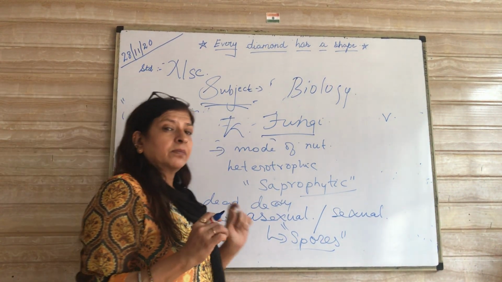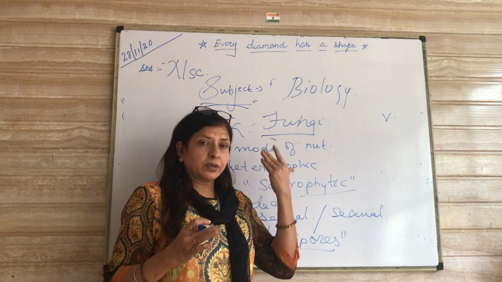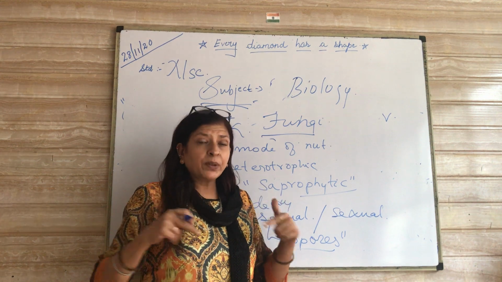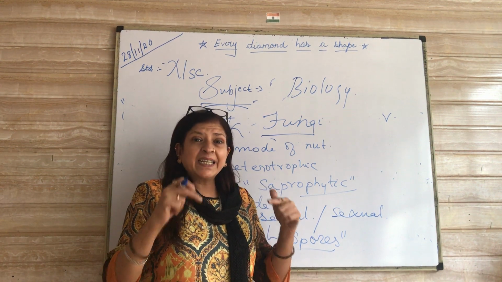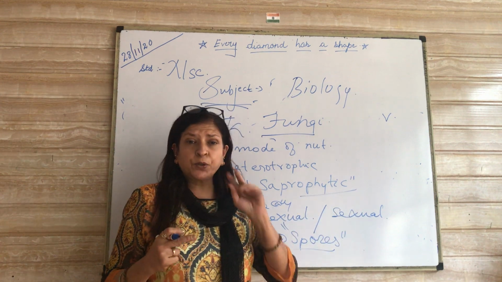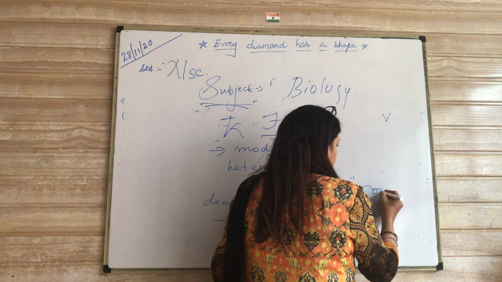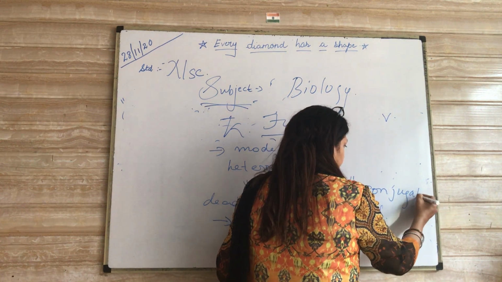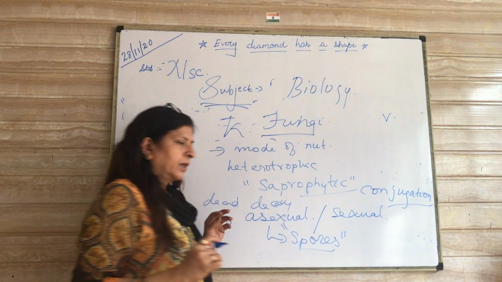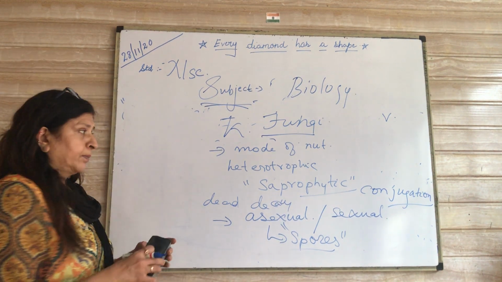And when conditions are unfavorable, the temperature has risen, or the surrounding salinity is more, then they reproduce by the sexual method, which is the conjugation method. Right? I hope things are getting clearer now as we go through each kingdom.